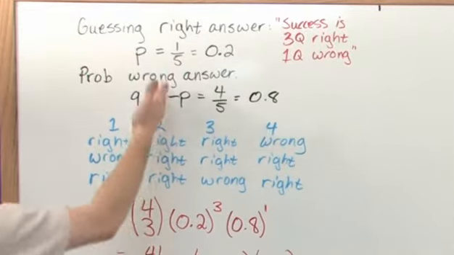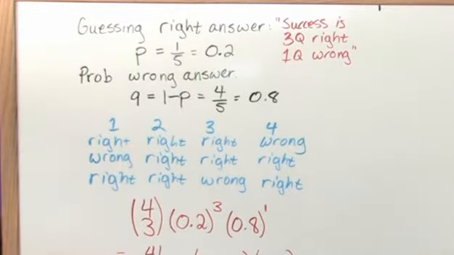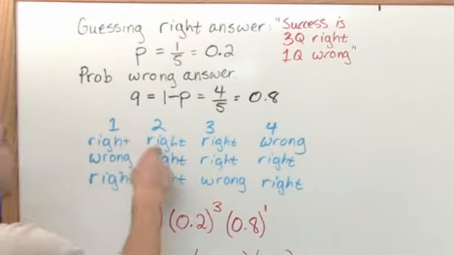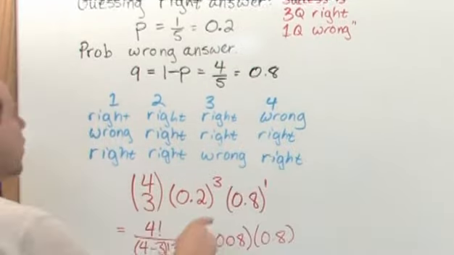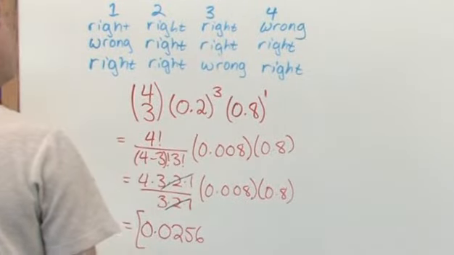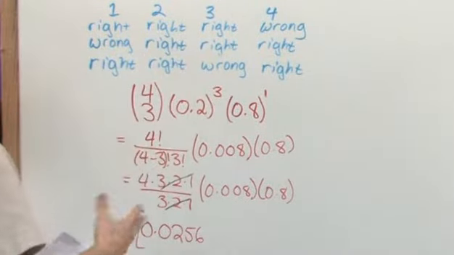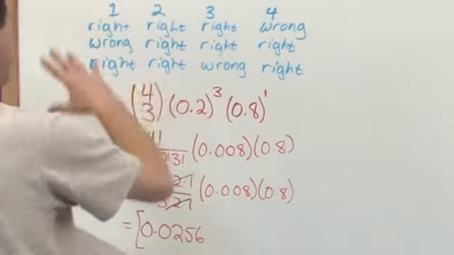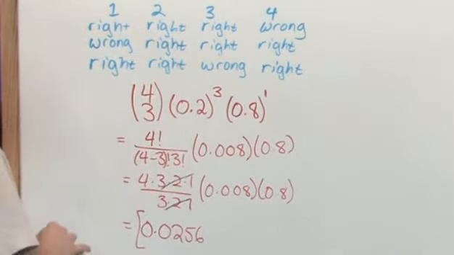Now in this problem, given that stuff, and we had the 4 questions, we want to know the probability of getting only 3 and only 3 questions correct, and 1 question wrong. I was trying to show you by example here that even though you can get 3 questions right and 1 question wrong, there are different ways to make that combination happen. Each way that it can happen is a valid outcome, and because of that, the total probability needs to take that into account.